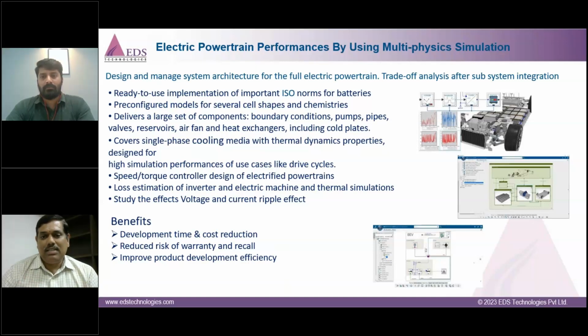The main advantage of using this particular RFLP approach is that you'll be able to find out the complete dynamic behavior of the whole system, and you'll also be able to check the vehicle range and charging access.